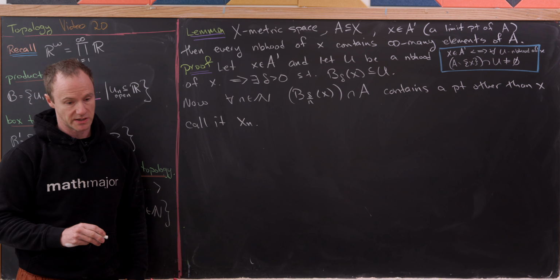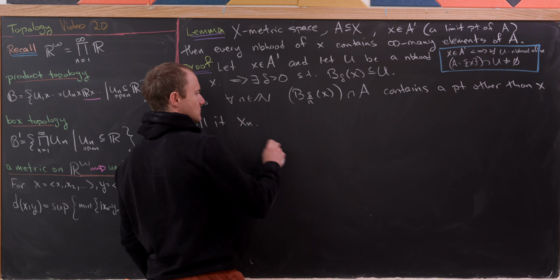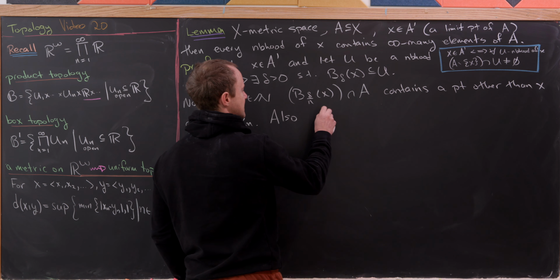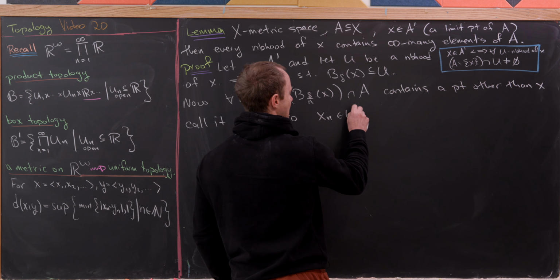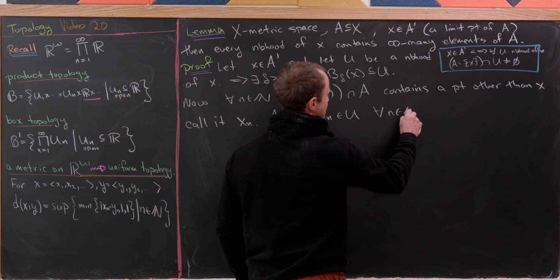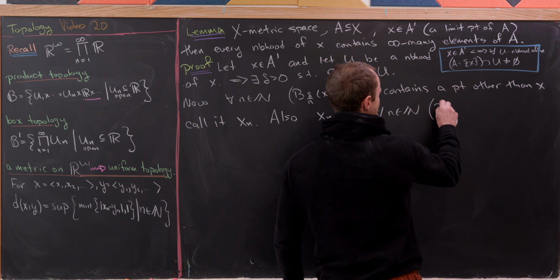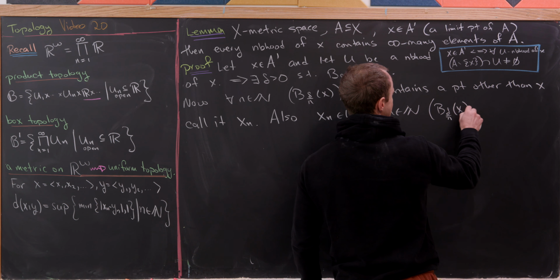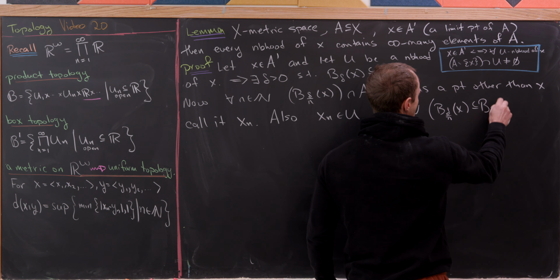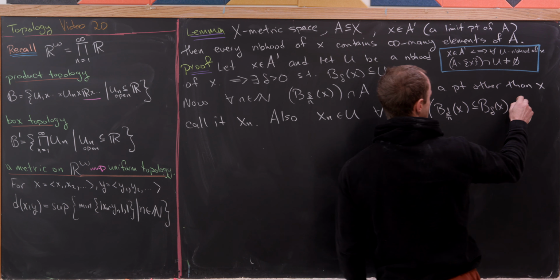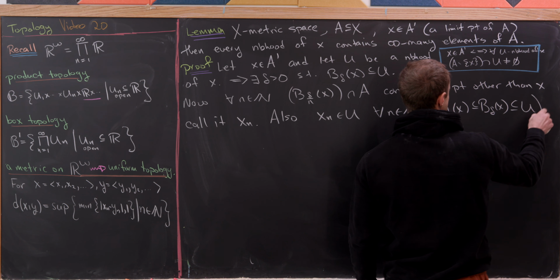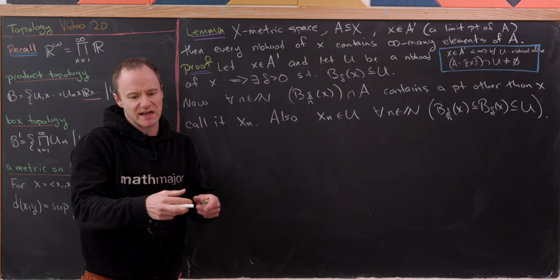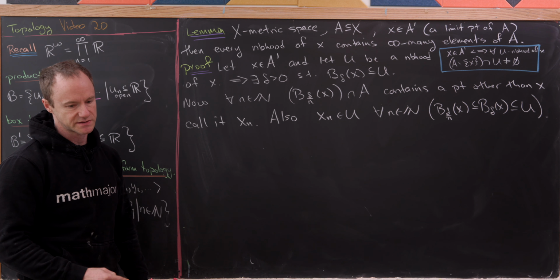All right, good. And then, well, let's also note this, that x_n is an element of U for all natural numbers n. And why is that? Well, that's because the ball of radius delta over n centered at x is contained within the ball of radius delta centered at x, which is contained inside of U. Those are just like smaller and smaller and smaller balls.